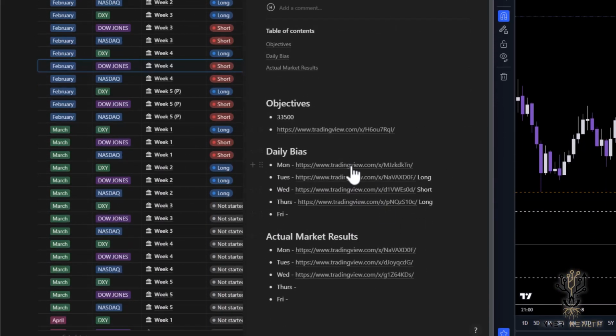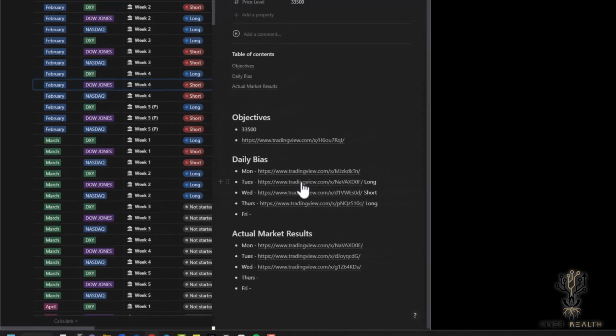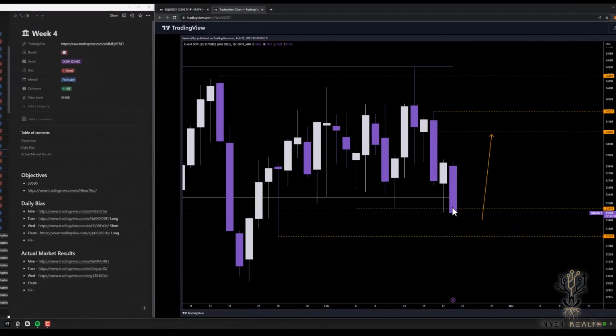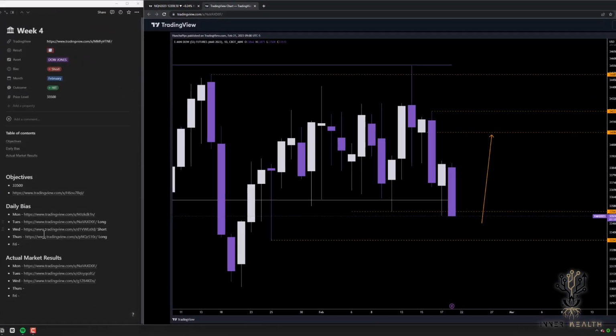Okay. Wherever you guys see me stop, it's usually when I just stop trading for the week. And yeah, sometimes I do miss the follow-up. I'm not perfect, but this is the template that I have laid out. So you can see here, let's go to a Tuesday. Okay, Tuesday, my initial daily bias was to go long from here, and I believe, boy, was I wrong.